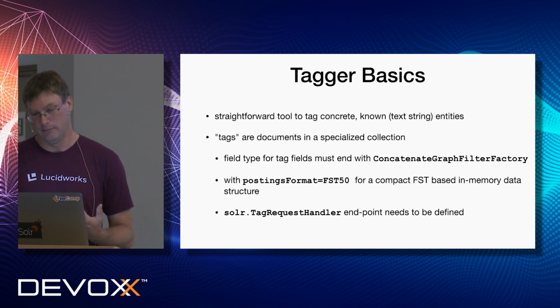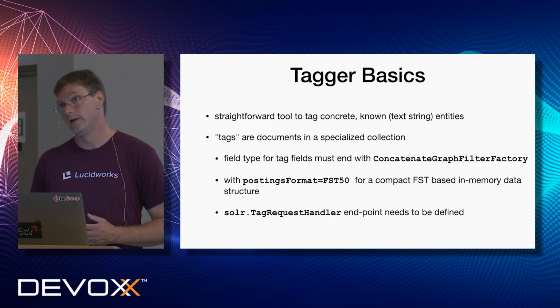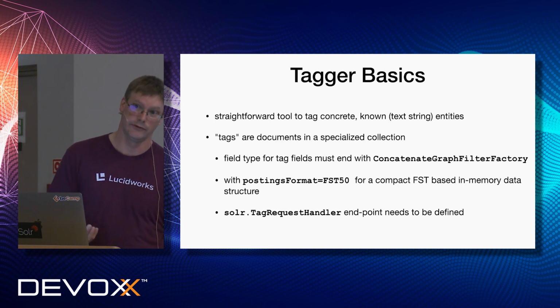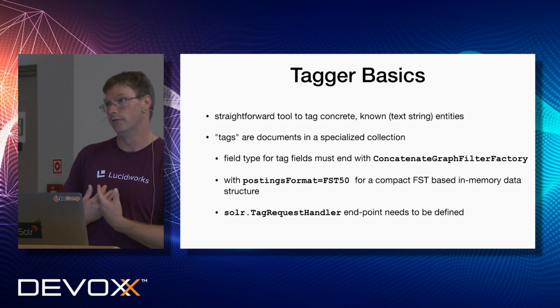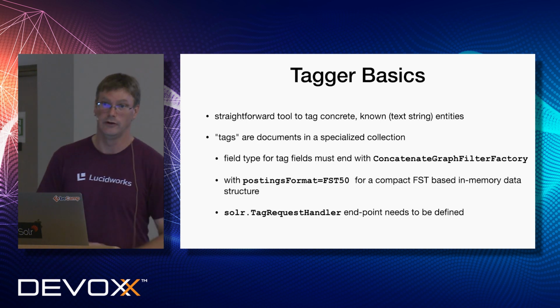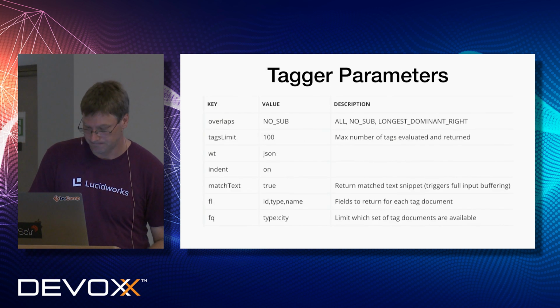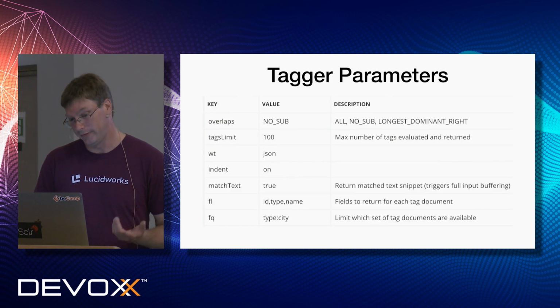And then the tag request handler is the /tag endpoint. That's not registered in the out-of-the-box Solr configuration, and it requires just a simple post JSON configuration to enable that endpoint.